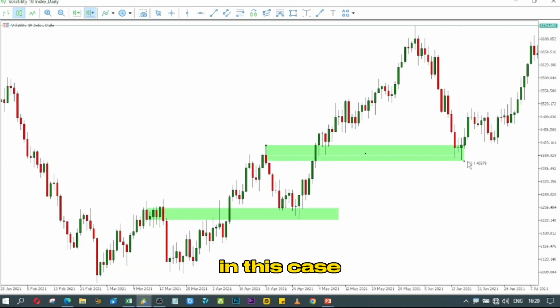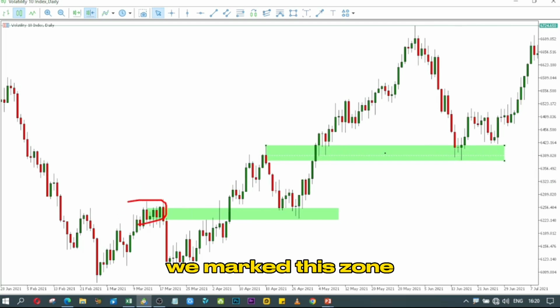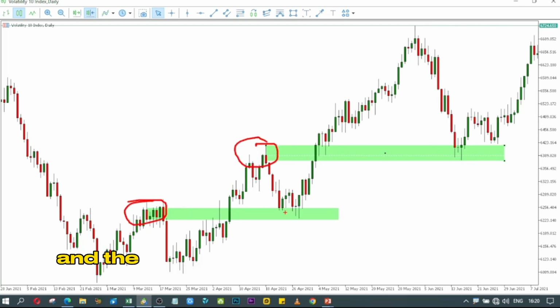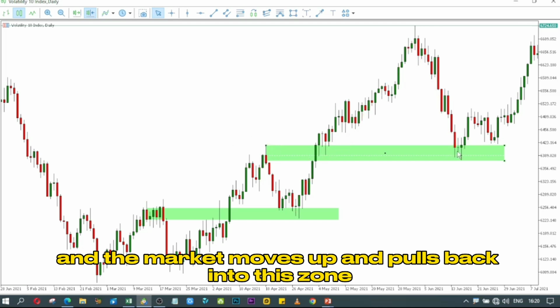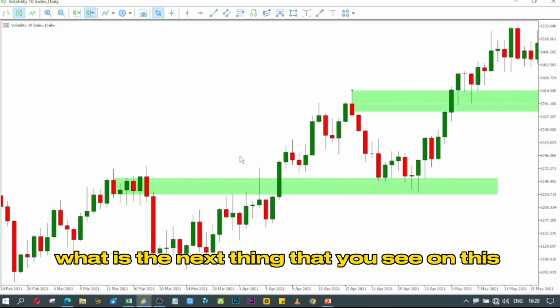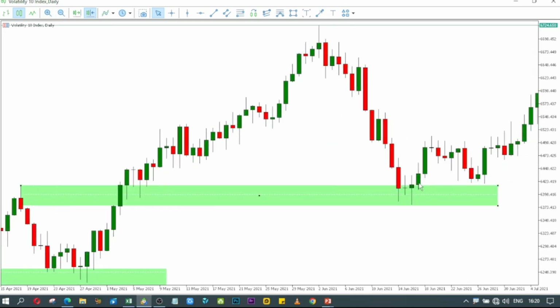So in this case, this is what happened. We marked this zone and we marked this zone, and the market moves up and pulls back into this zone. What is the next thing that you see on this zone? Candlestick patterns. So that's your entry trigger.